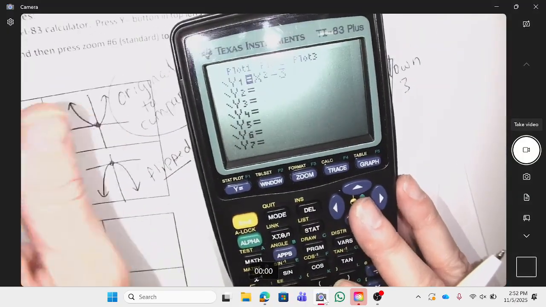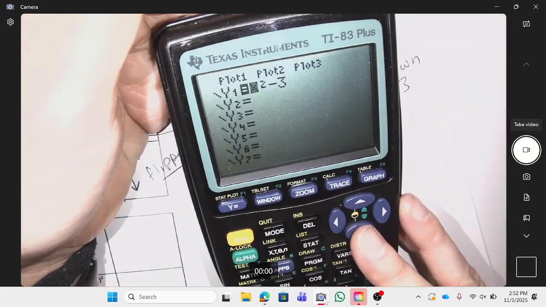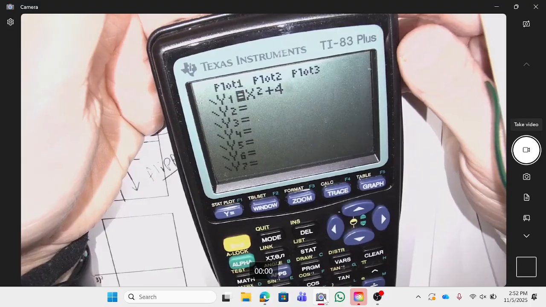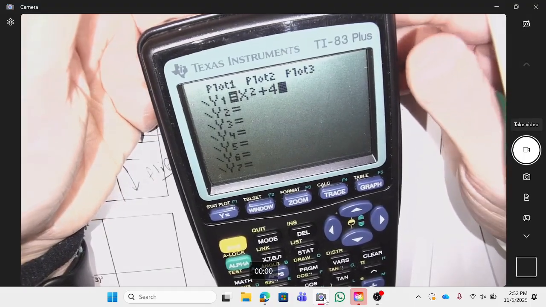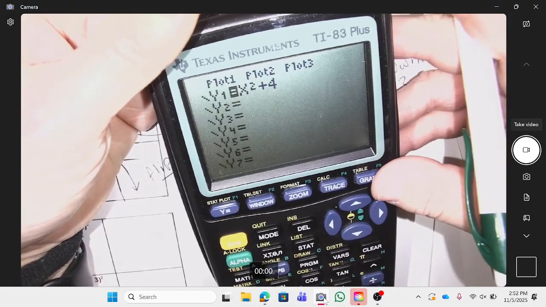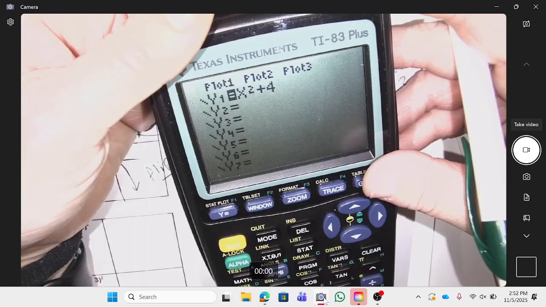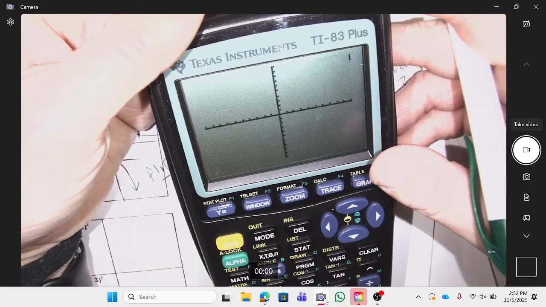Go back to your y equals button and change to a +4 on that. You can probably predict what it's going to look like in your head before you do it. Hit graph.